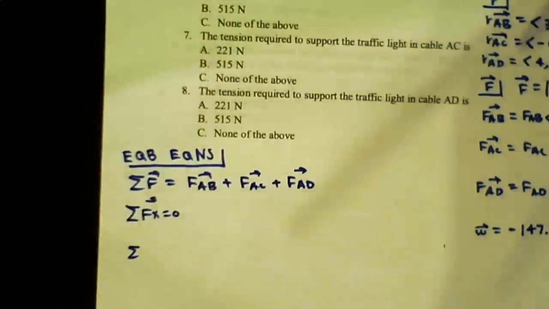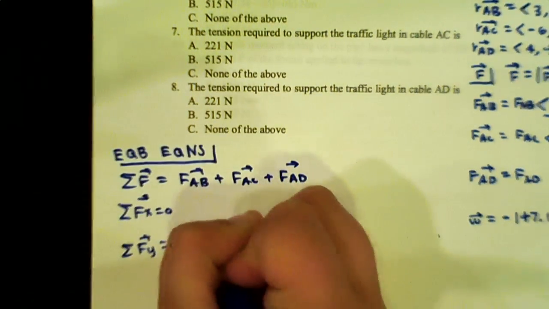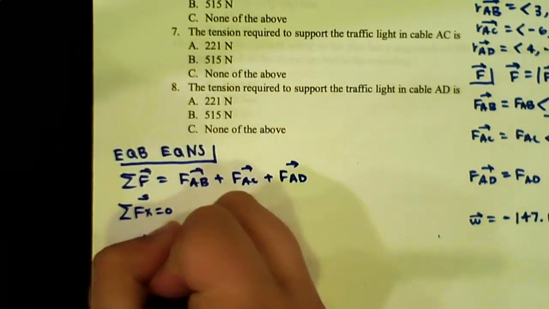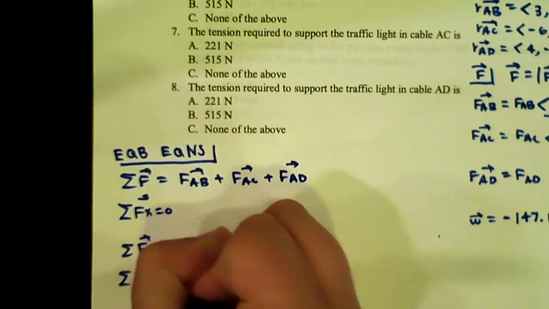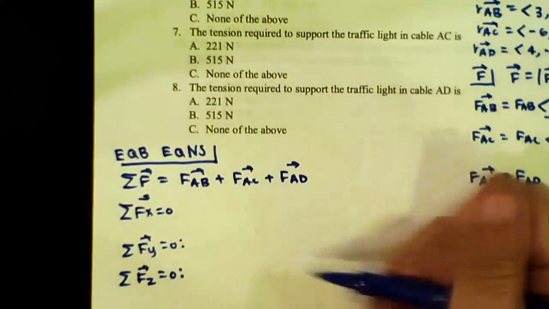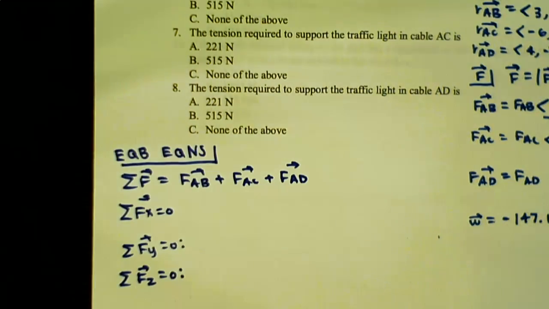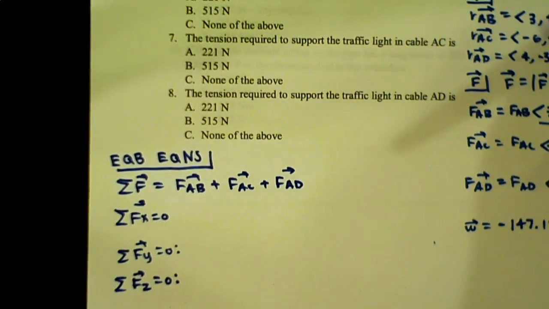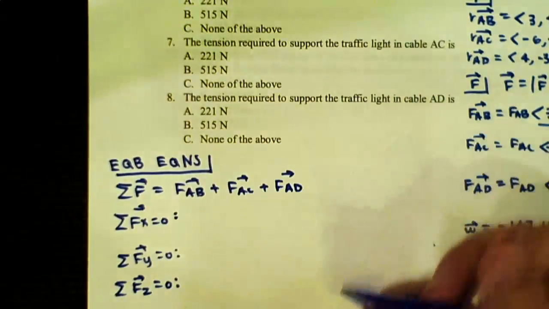You do again the sum of the forces in the y all equal to 0, and you do all of your j components. And then you do that again for the sum of the forces in the z all equal to 0, and you do all of your k components. And then you would solve for FAC. But since I'm not sure if this is right, I'll post whatever is correct on the thing. Okay. So I'll continue then.